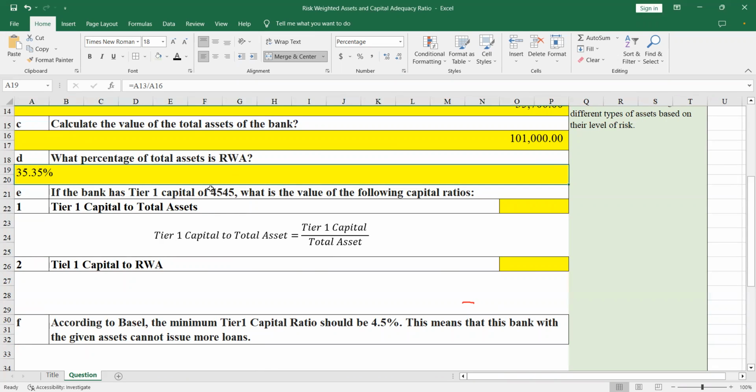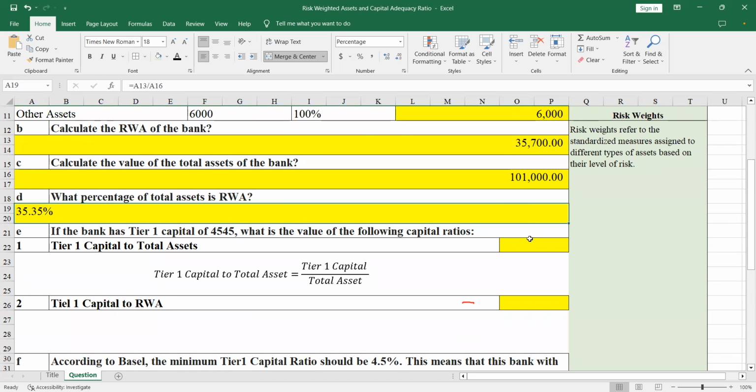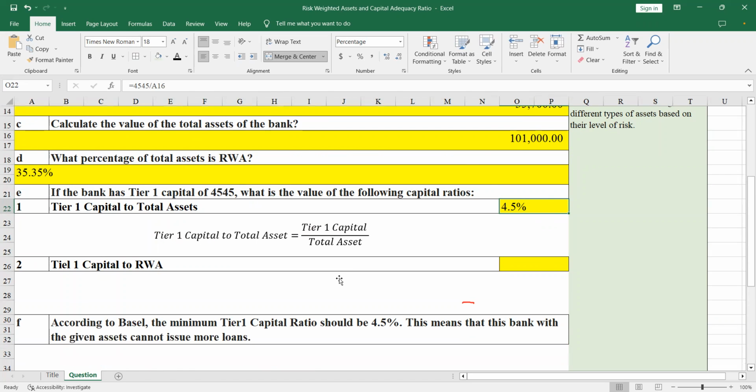We already know that the tier 1 capital is 4545 and the total assets are 101,000. So we can calculate this value as 4545 divided by 101,000. It's 4.5%. This indicates that 4.5% of the assets are financed through tier 1 capital.